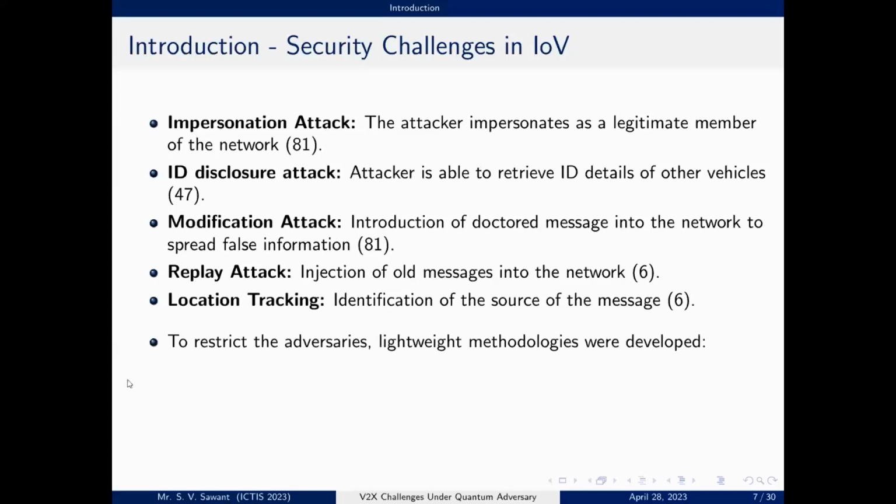Now, to restrict all these adversaries: IoV, like I said, is a very dynamic, time-bound network, and it has very limited resources. The methods developed to provide strong security were mostly lightweight, and these methods are categorized into three. One, symmetric crypto systems, in which only one key is used to encrypt and decrypt the message.